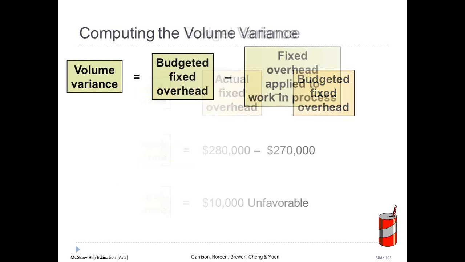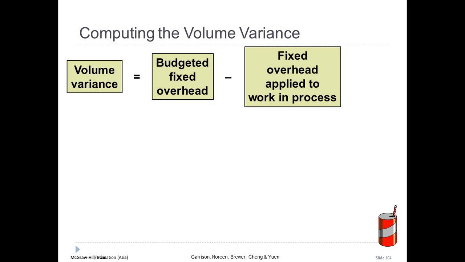The volume variance is budgeted fixed overhead minus the fixed overhead applied to work in process. The fixed overhead applied to work in process is equal to the fixed component of the predetermined overhead rate times the standard hours allowed for the actual output.